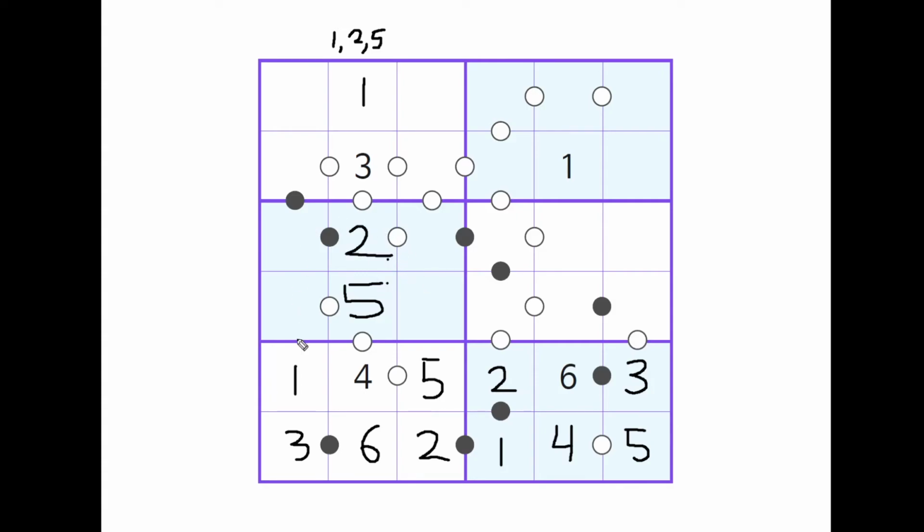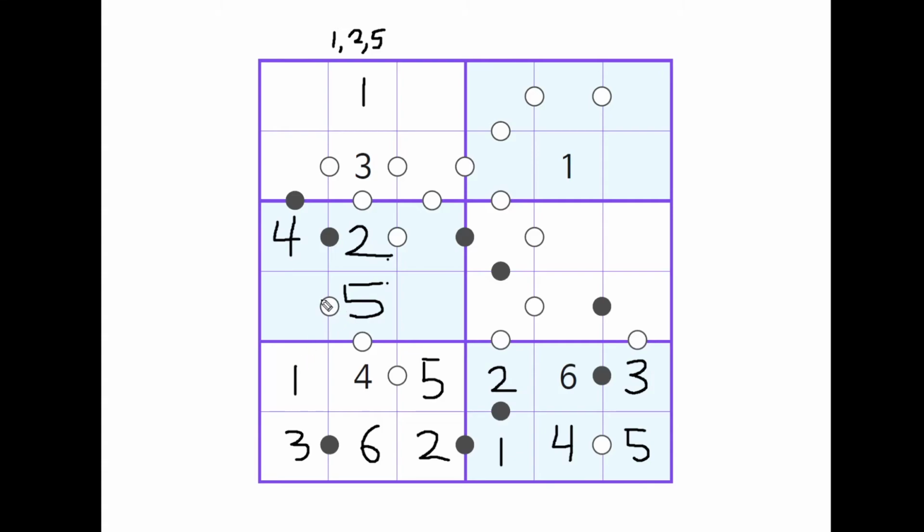If we continue with block 3, we know that this top left cell must differ from 2 by a factor of 2. Now we have two choices. We can put either a 1 or a 4. But we know that the answer is 4 because of the number 1 already in the first column.